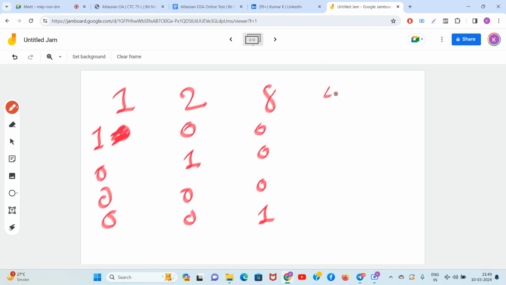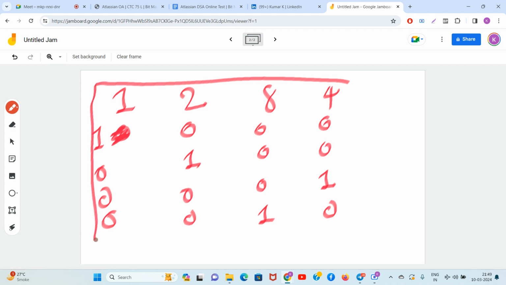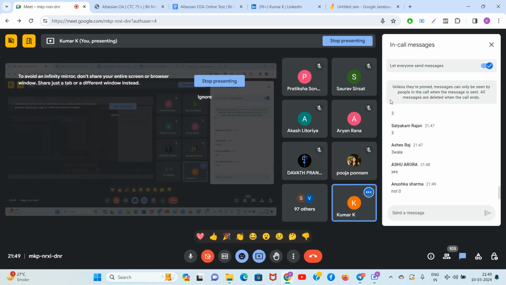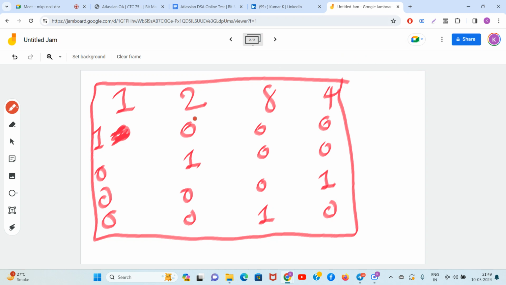Here there is a 4, okay? Guys, if I consider the subarray of the first 4 numbers, is the XOR not equal to 0? Please tell me. Yes, the XOR is not equal to 0.